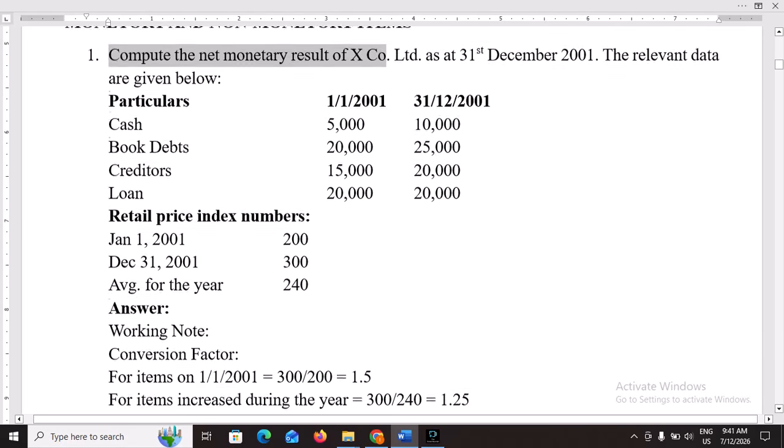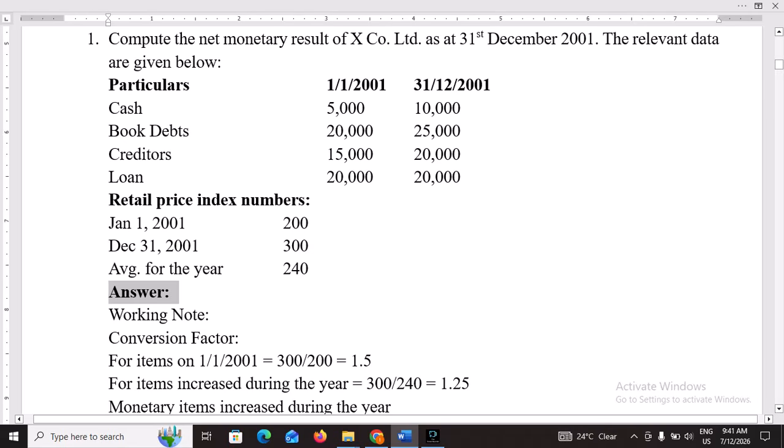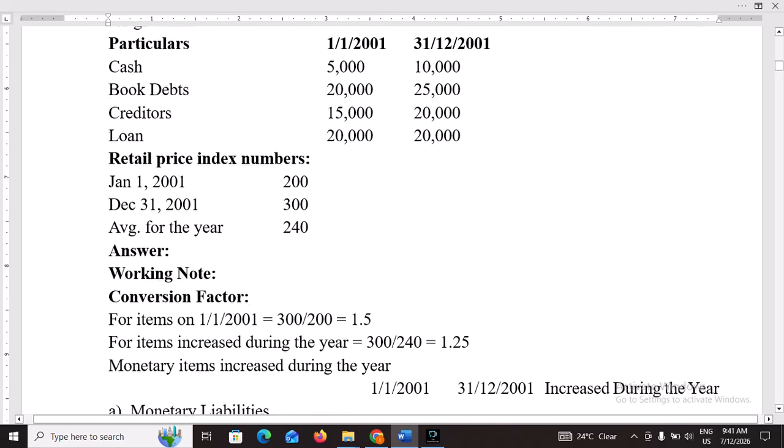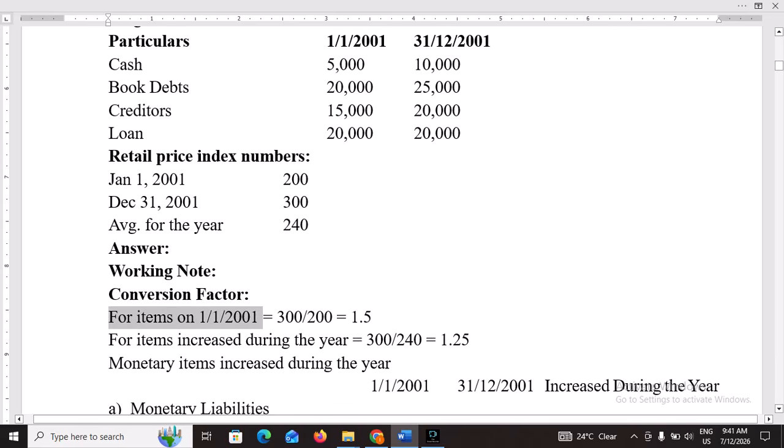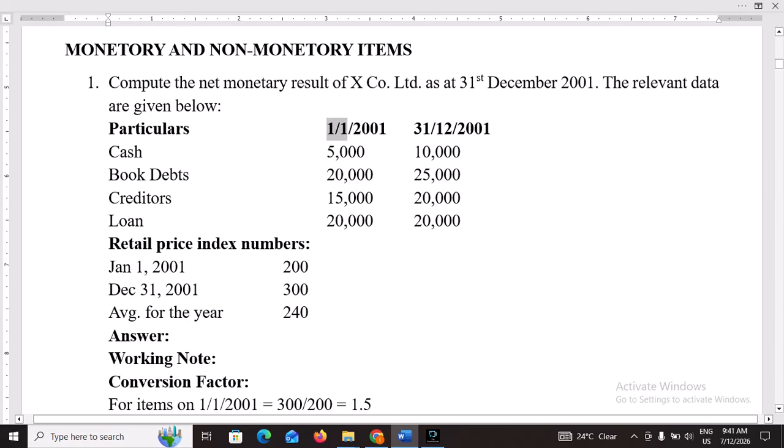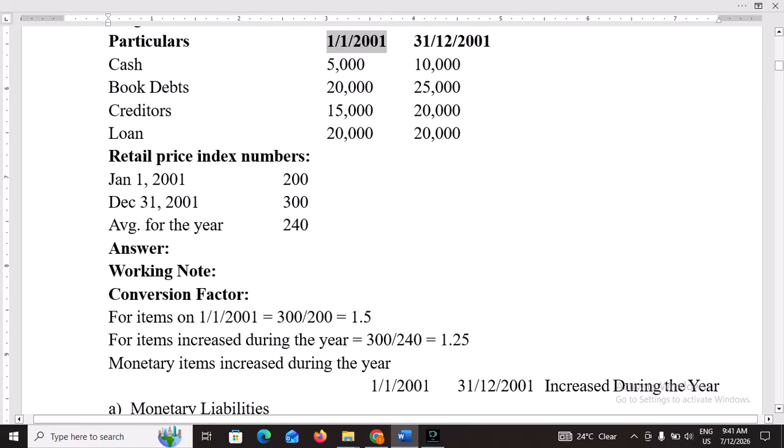Simple question. So answer, first working notes: conversion factor you have to calculate. For items on 1/1/2001, closing index is very important.